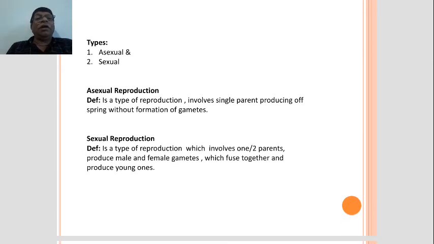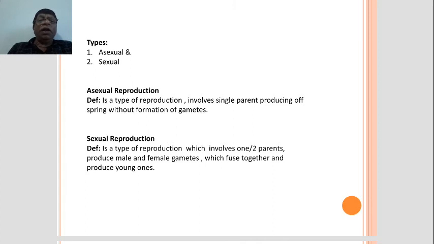Next. Now we know that organisms reproduce. How they reproduce? That's also very important. Reproduction is mainly classified into 2 types: asexual reproduction and sexual reproduction.